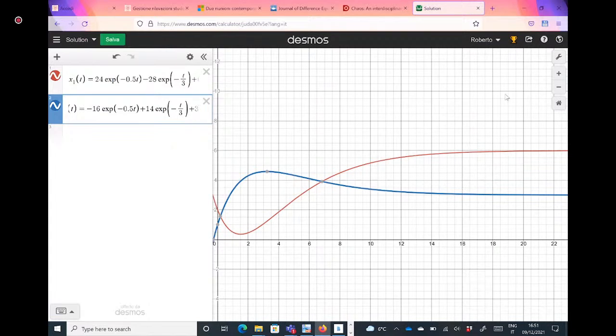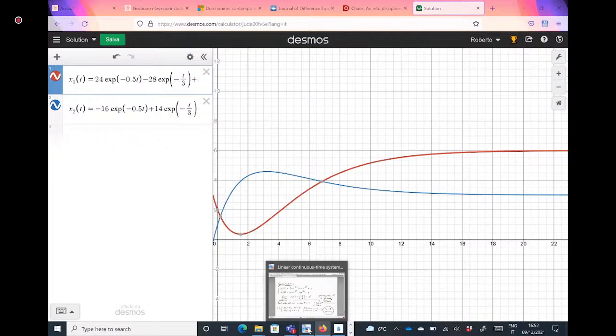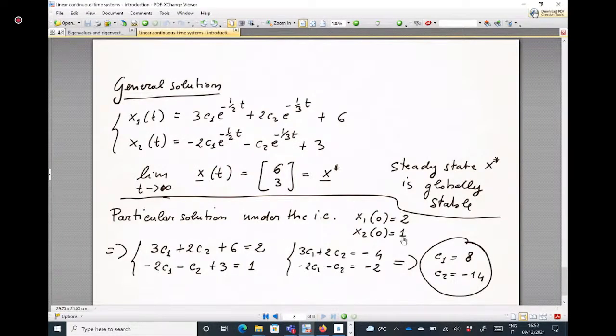So you see, of course, here are the two initial conditions. So you see that the first variable x2 has the initial value 1, okay, while variable x1, the red one, has the initial value here 2, okay, which was precisely the initial condition that we imposed before.